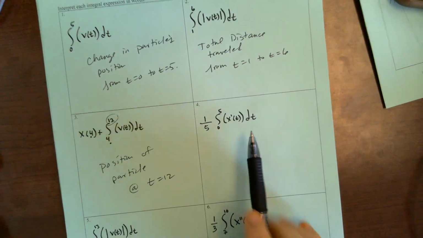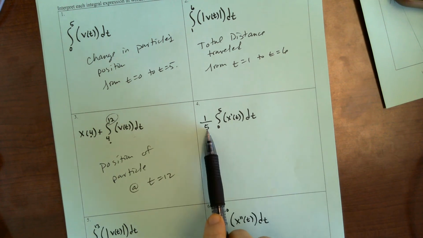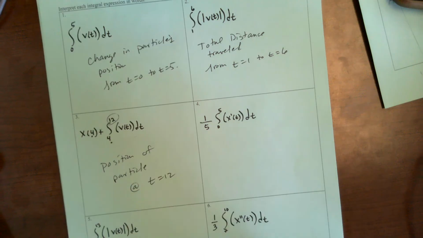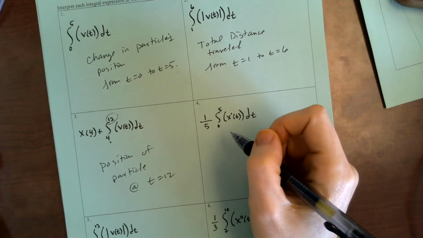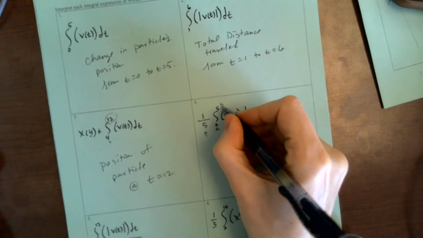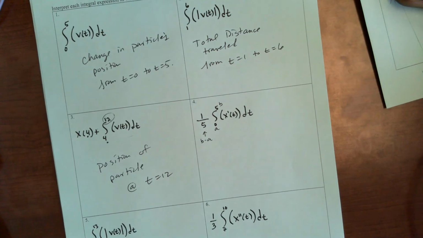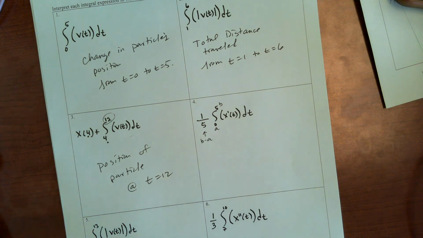All right, now this one here, if you've got a fractional coefficient out front of the integral, you just got to check one thing. All right, so this is A, this is B, is this B minus A? The answer is yes. Okay, so then you know that you're dealing with average.